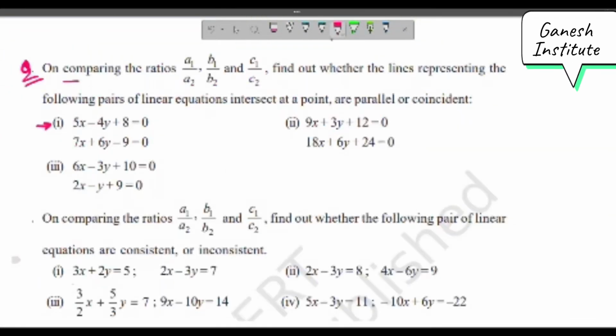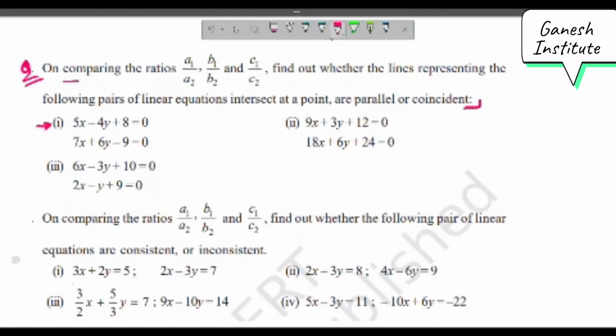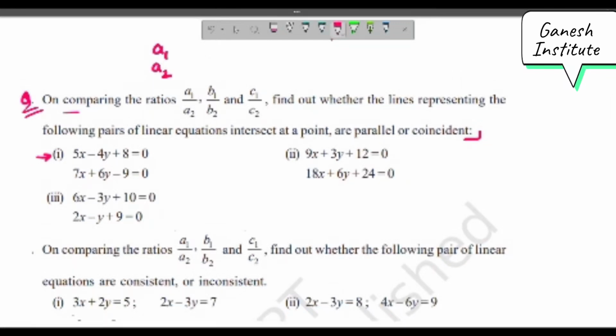Now, could you please read this question? The very first one, on comparing the ratios. On comparing the ratios, a1/a2, b1/b2, c1/c2, this is how you write. You distinguish that A subscript 1, that is A1, and A2 are two different ratios.